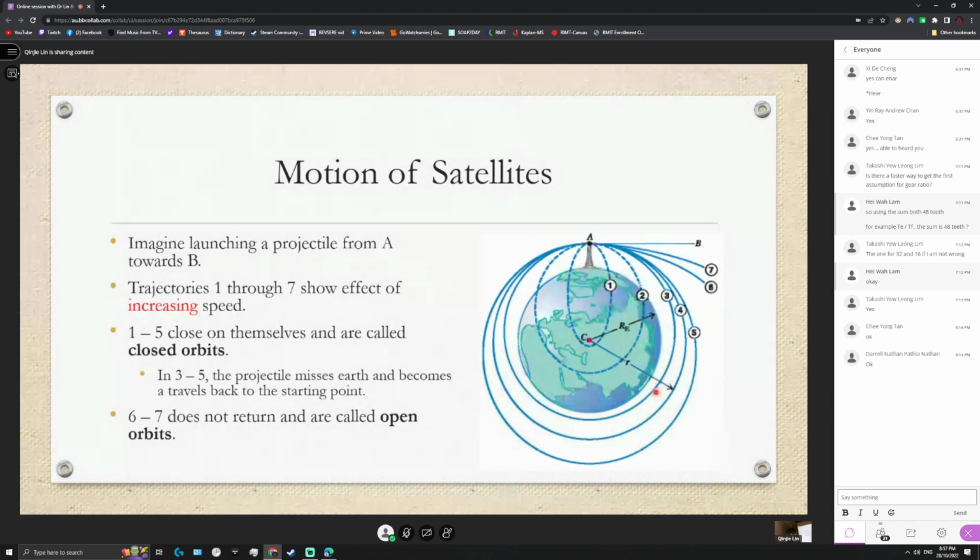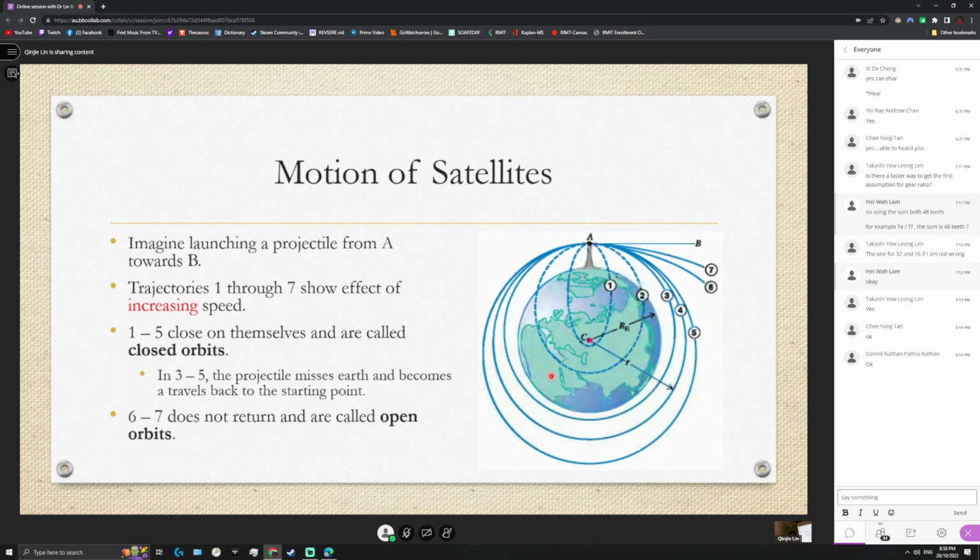You won't hit the Earth, but it's always trying to pull you back. That's why you will enter this kind of motion, called a closed orbit. After that, it's going to return to the initial point, and this will continue. Earth is still trying to pull you, so you will keep going in circles.